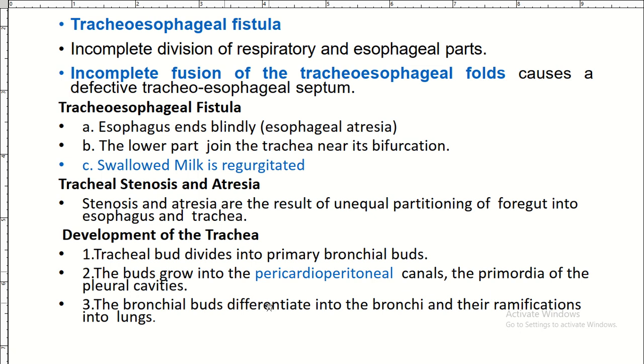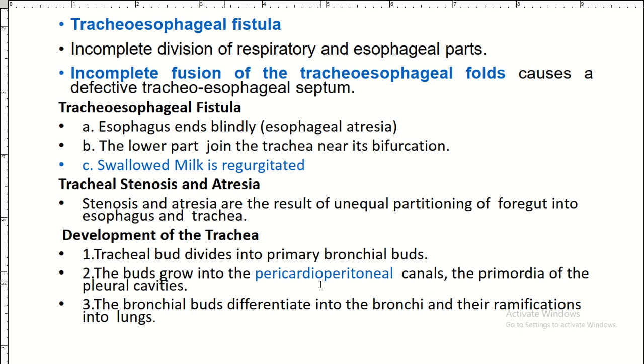So the pleural cavities are going to be formed from these canals. Remember, right? And these canals are the ones that are going to be closed by the pleuroperitoneal membranes, those that will form the what? The diaphragm.